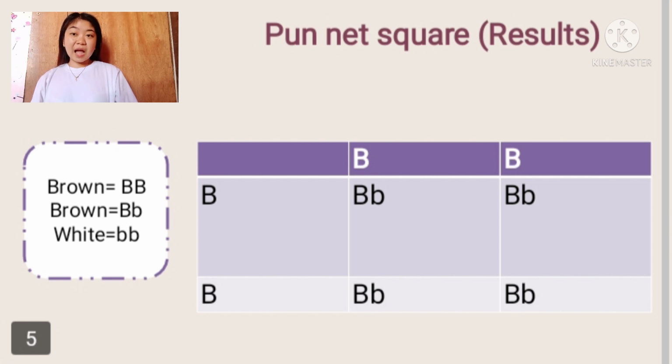As the result, as you can see, we have both capital letter B for the male rabbit, color brown, homozygous, and on the side both small letter b for the female rabbit, color white, which is homozygous. After we cross, we can identify the genotype and phenotype.